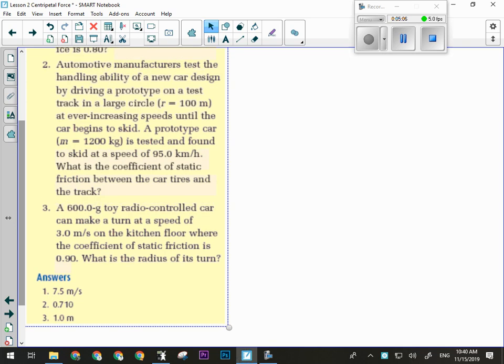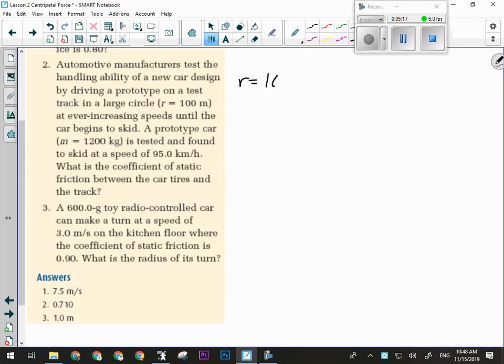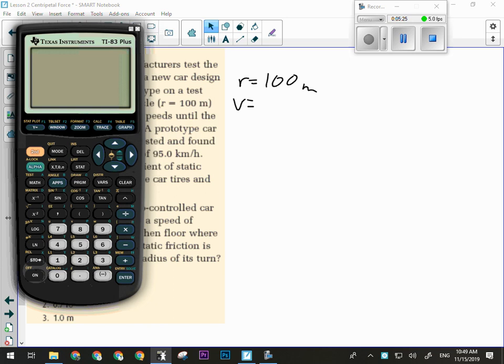Okay, so try 2 and 3. All right, so for number 2, we're told that we're using a large circle with a radius of 100 meters. We're told that it increases speed until it gets to 95 kilometers per hour, which we have to convert right away into meters per second.